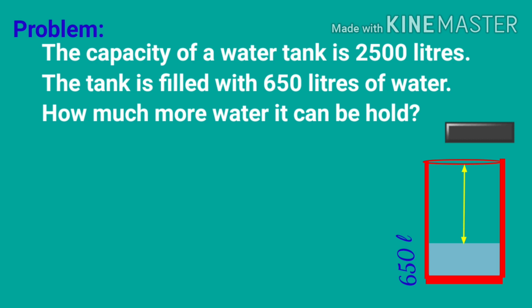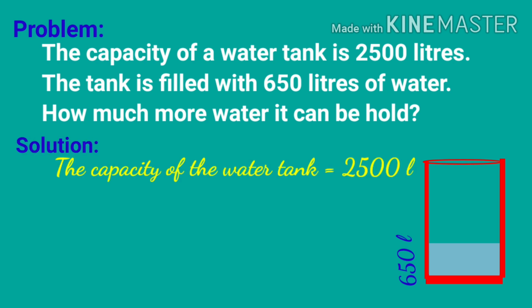Children, first let's write down the given facts. You see, the capacity of the water tank is 2500 liters. Children, it means the tank can hold 2500 liters of water. The next fact that is given here is the quantity of water filled in the water tank.